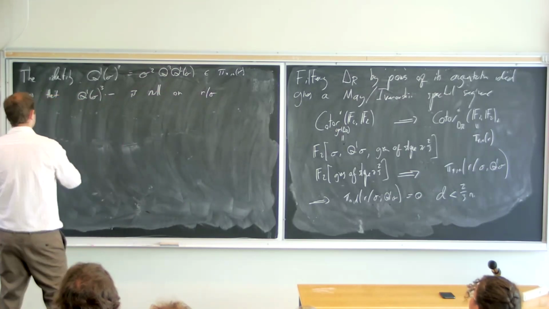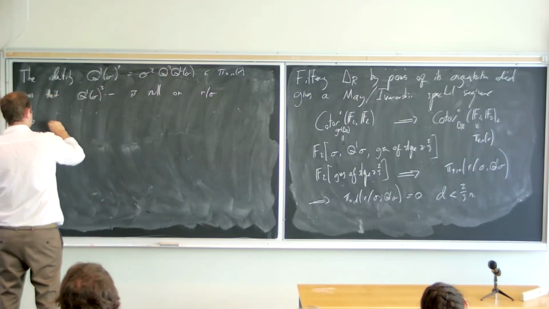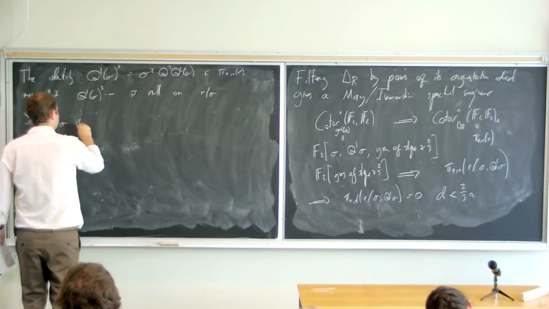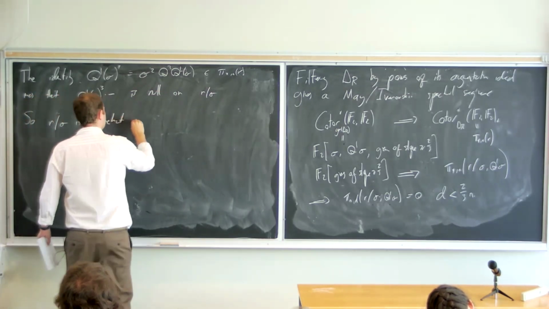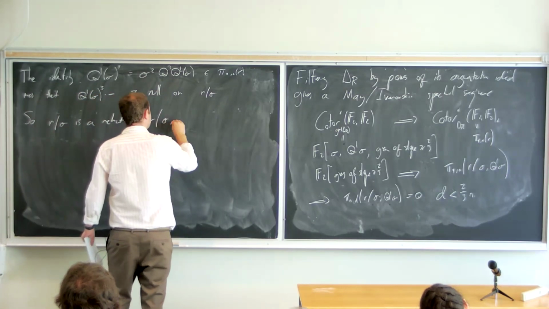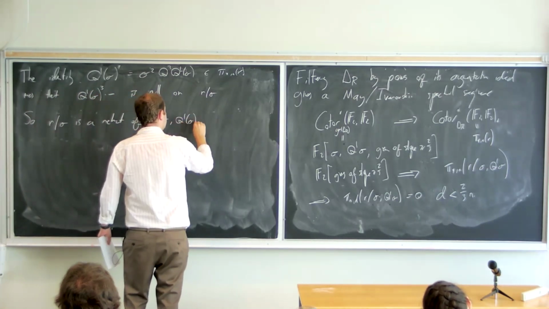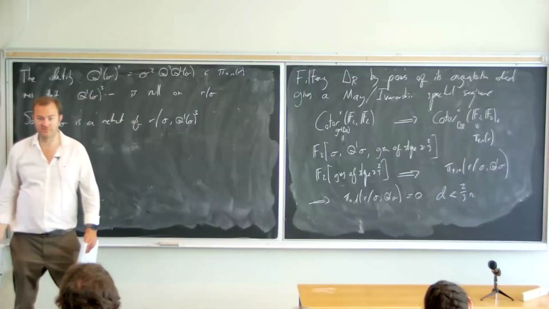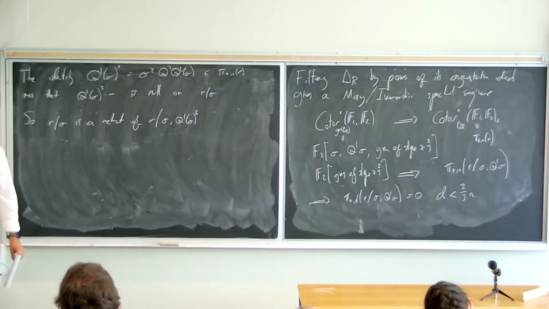So you can then make the following line of reasoning. R mod sigma is a retract of R mod sigma and the 0 map. If I cone off the 0 map, I have the original thing as a retract of it.